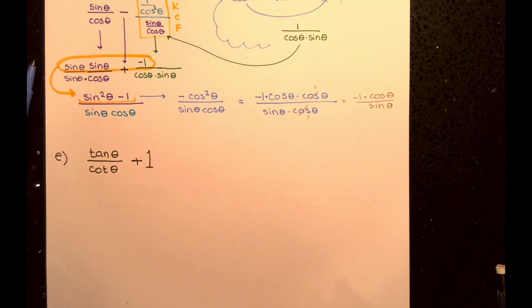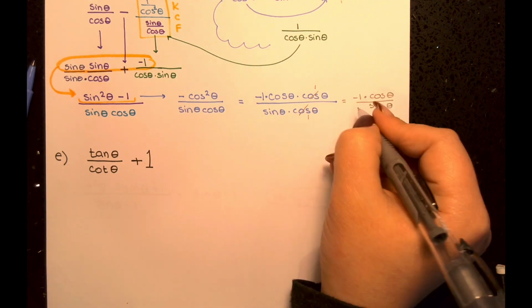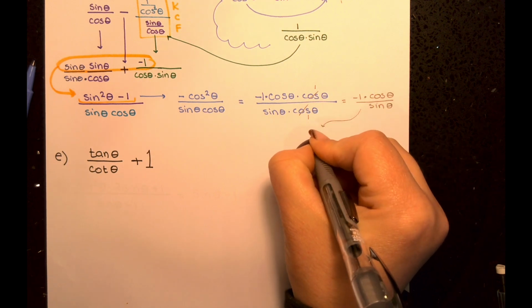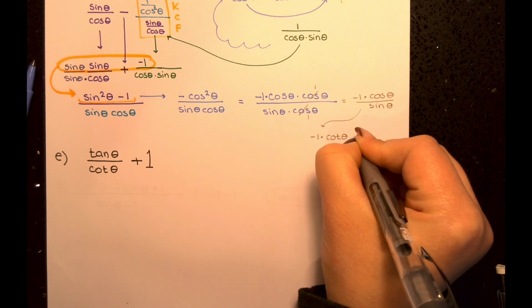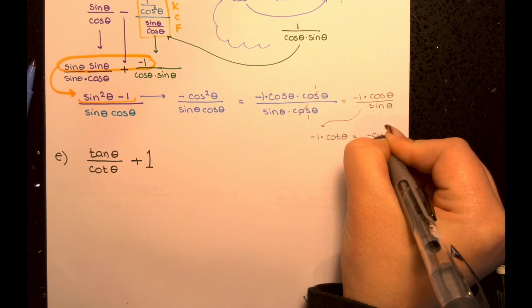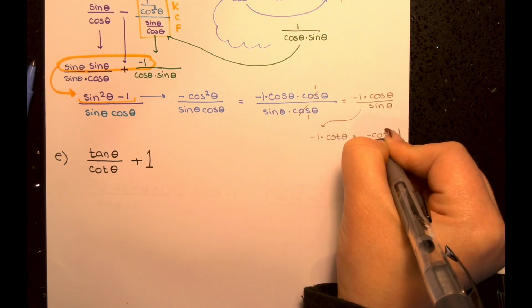It will stay, but what about cosine over sine? Now we know tangent is sine over cosine, so it looks like the fraction has been flipped, or it's the reciprocal of the fraction. So that means we are taking the reciprocal of tangent, which is cotangent. We're left with negative 1 times cotangent of theta, or you can just write it as negative cotangent of theta for your answer.